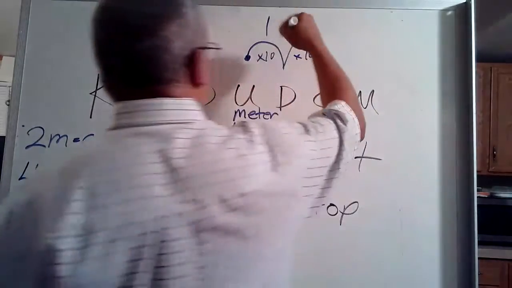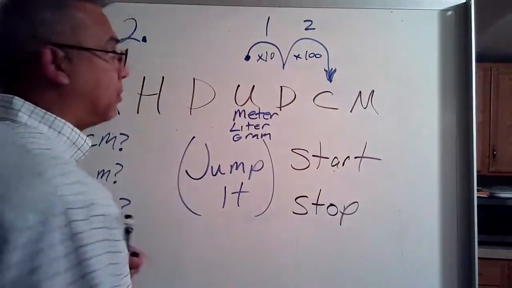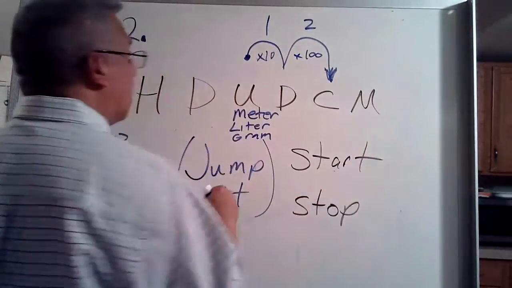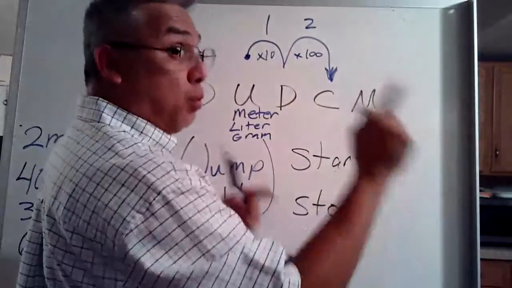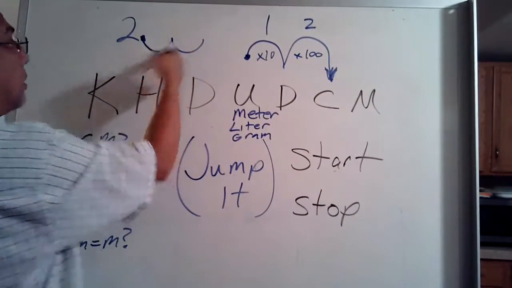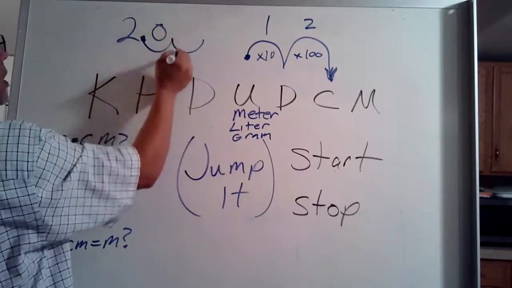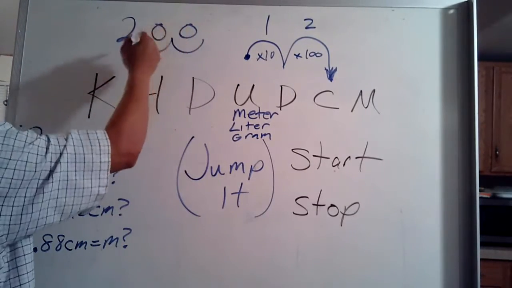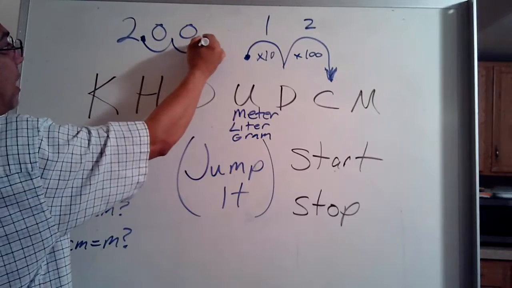Now, if we jumped it 2, which way did we jump? Did we jump to the left or did we jump to the right? Well, we're jumping that way, so that's right. So, 1, 2. There's nothing here, so we got to add a 0, add a 0. And now, if I put a decimal here, because we jumped it, I'll put my arrow.